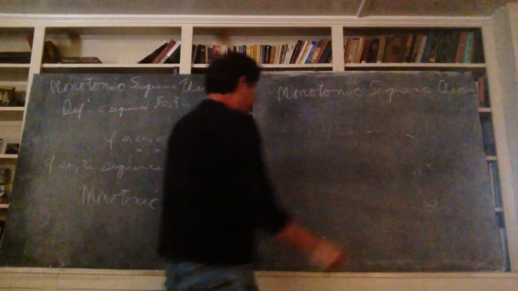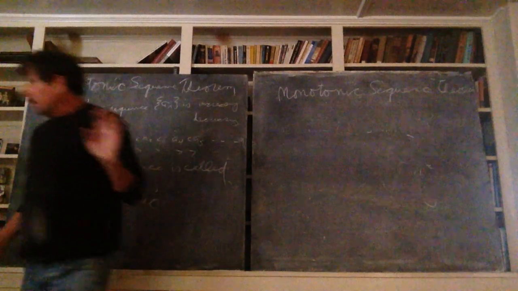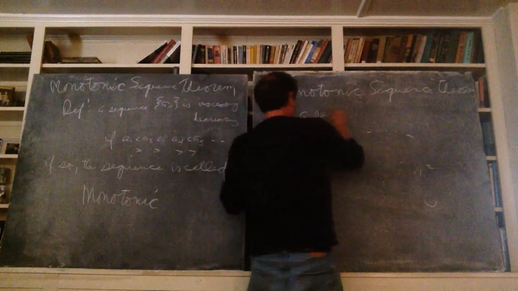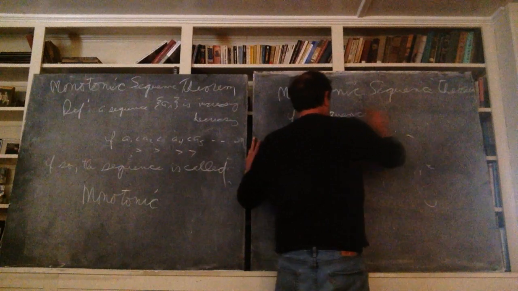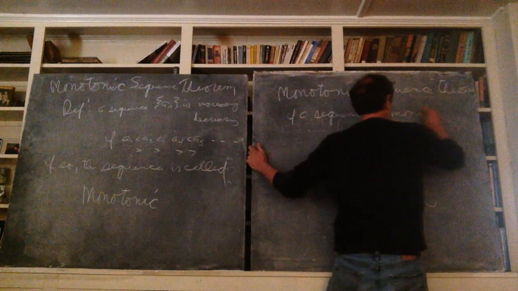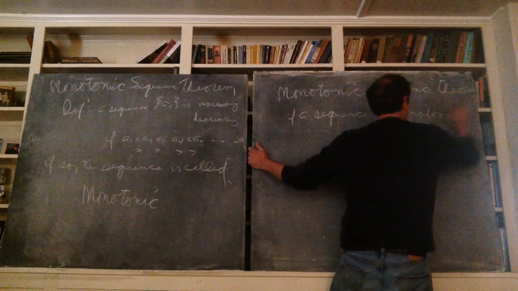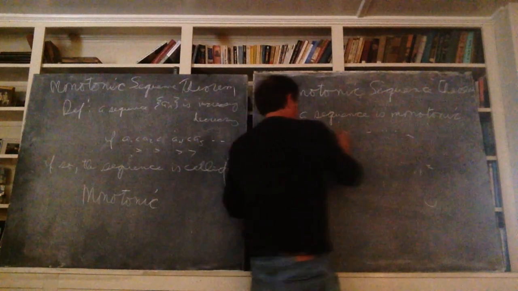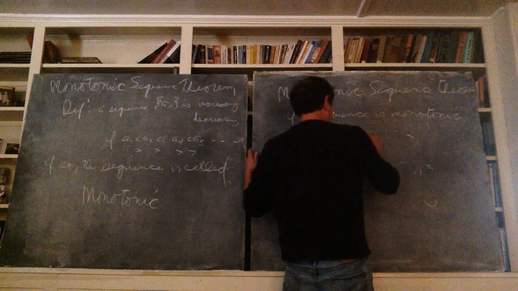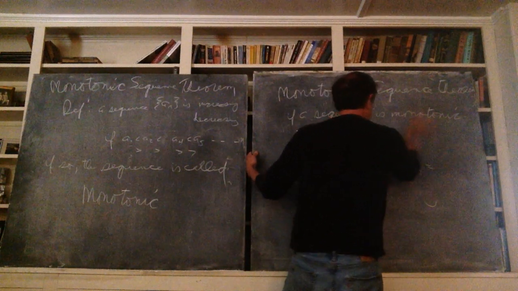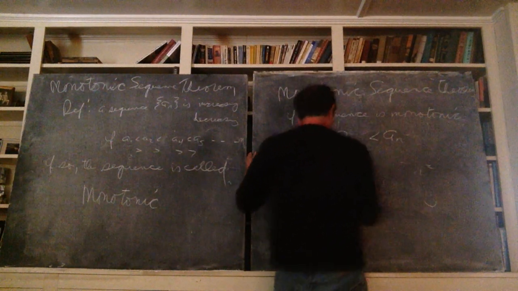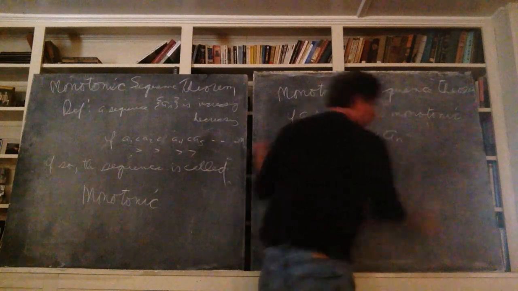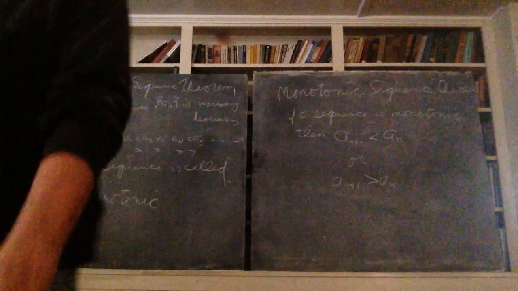All it's saying is if a sequence is monotonic, then either a sub n plus 1 is less than a sub n, or a sub n plus 1 is greater than a sub n, depending on whether it's decreasing or increasing.